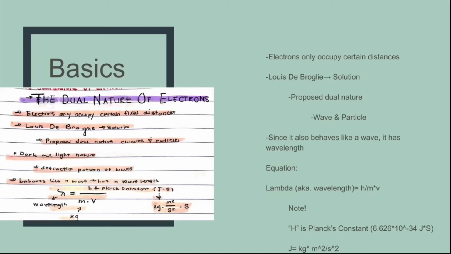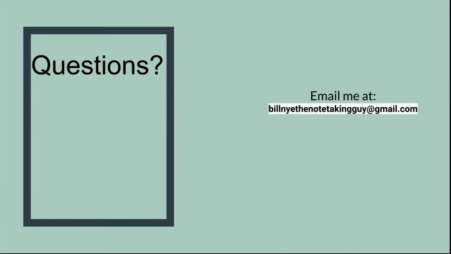So knowing that 1 joule is equal to kilograms times m squared divided by s squared is helpful in unit crossing off. Okay, that's all, just the basics for this slide or module.